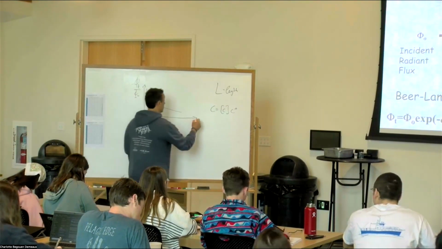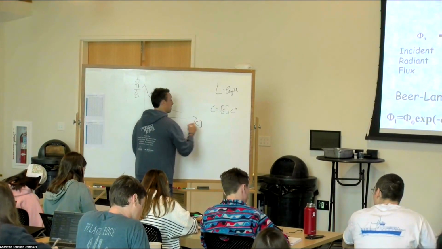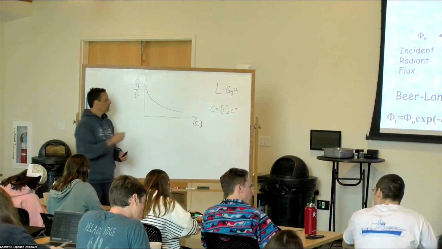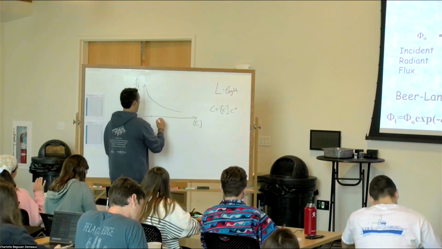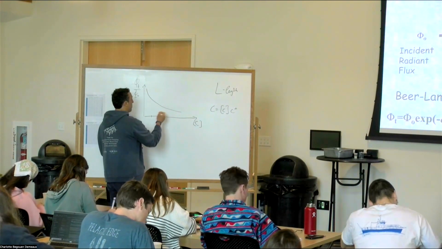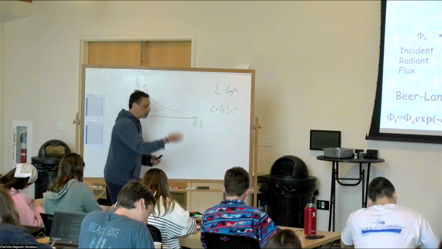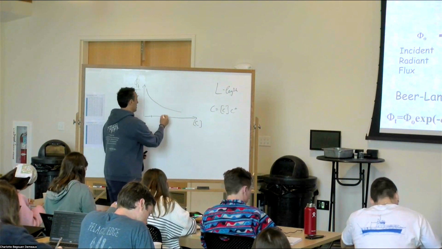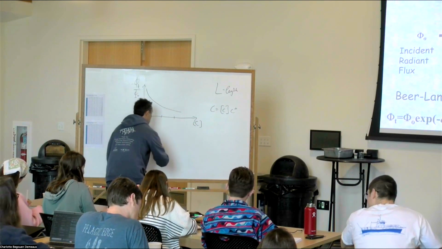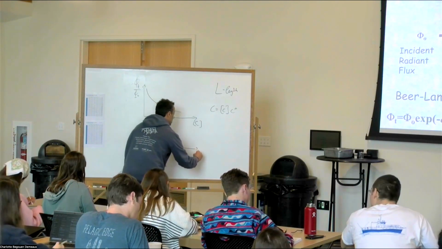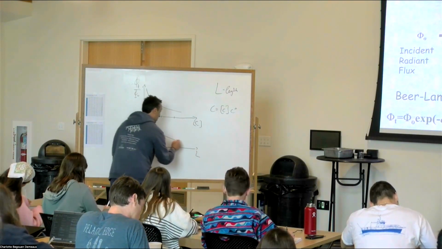It is a function of concentration, decreasing exponentially. That means each time I double it, a certain proportion will go down as we go. Similarly with length: if I have a constant concentration, and this is length, it's going to go down exponentially.